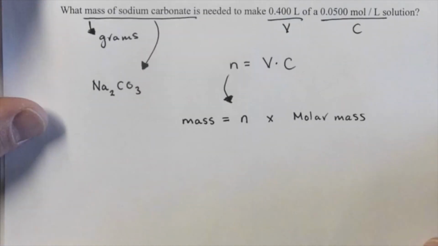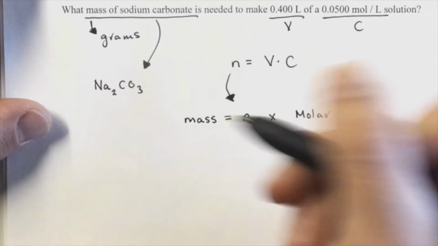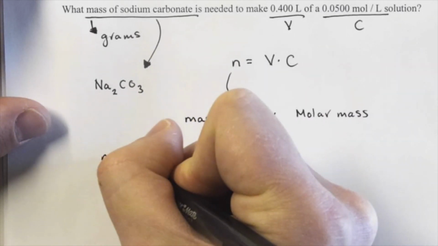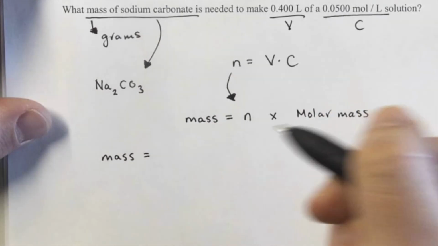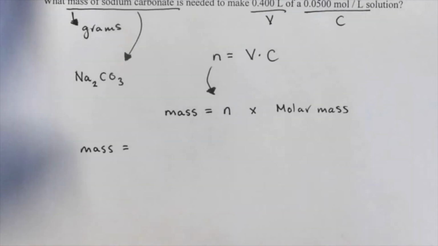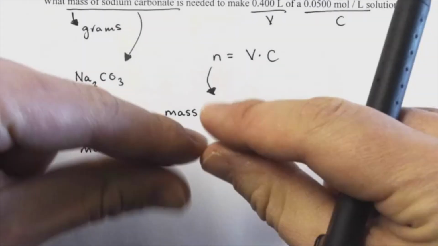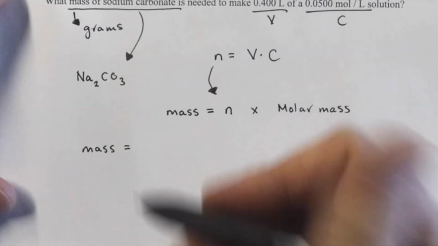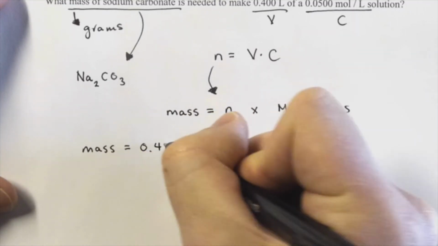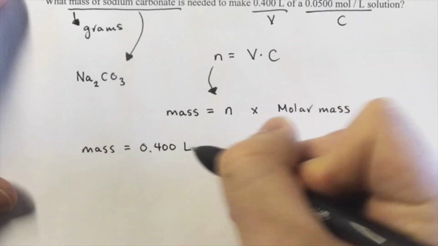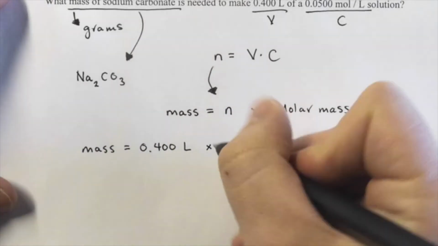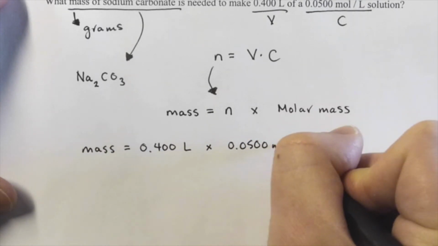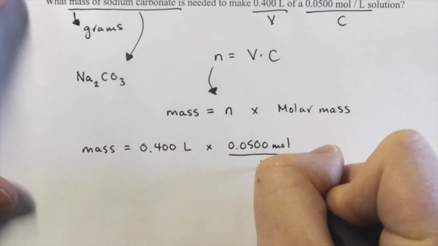So let's go ahead and do that. So my number of moles, here I might actually write it a little bit differently. I'm going to write it all stretched out here. Volume times concentration. So I have 0.400 liters times 0.0500 moles per liter.